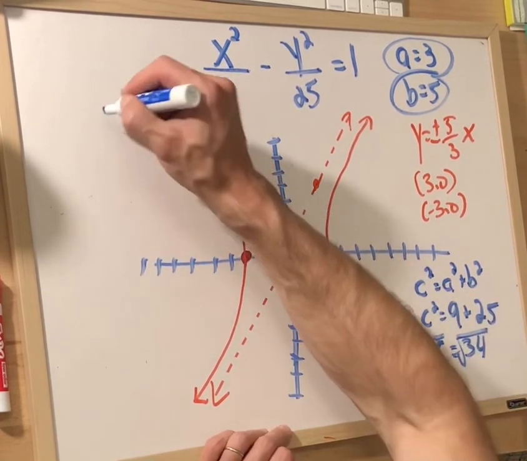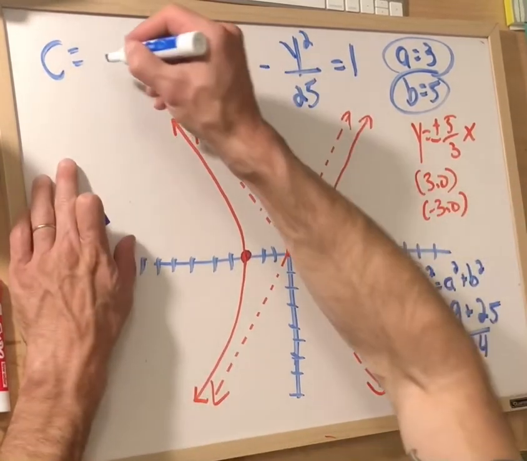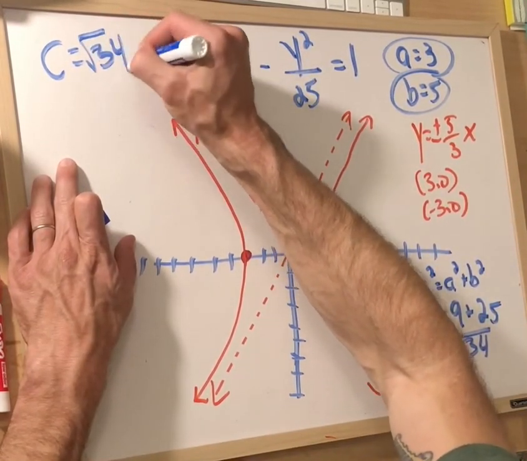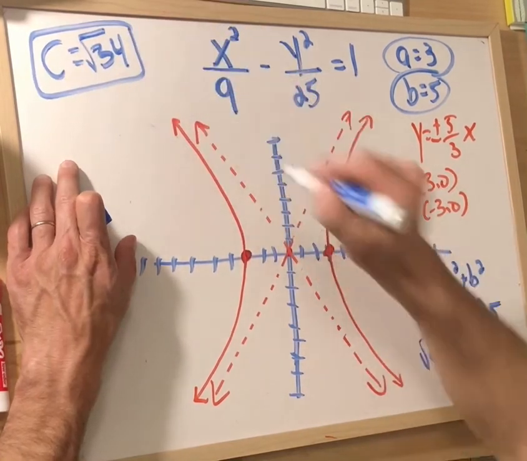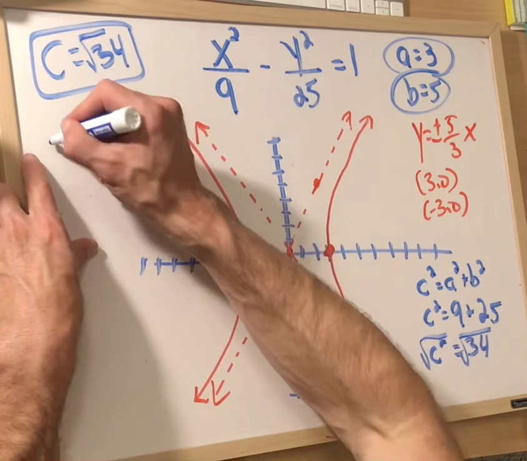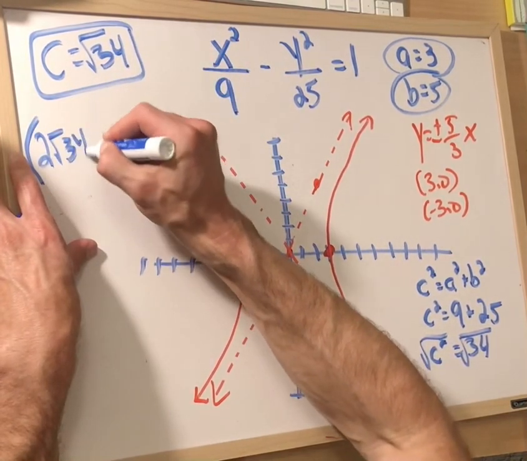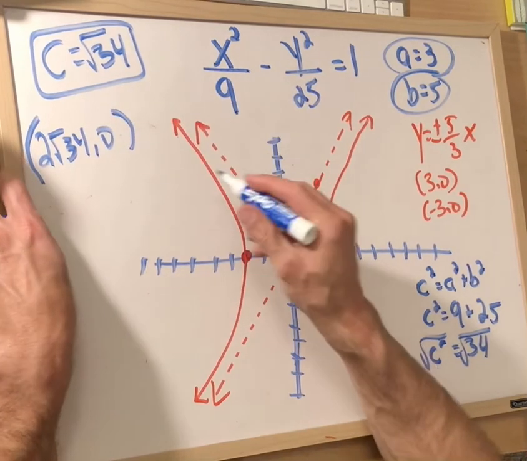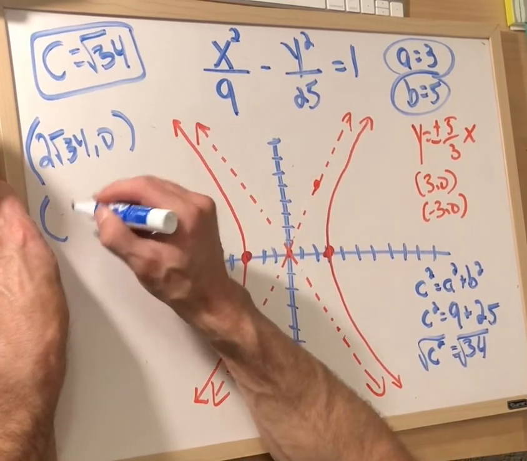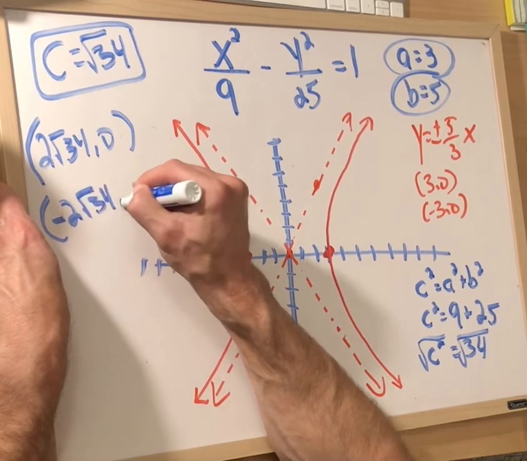So you have c equals the square root of 34. Okay, and your foci is 2 times this, so your foci is 2 root 34 comma 0, and your other foci point is negative 2 root 34 comma 0.